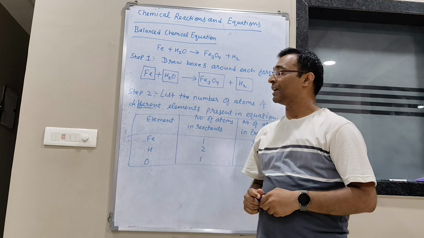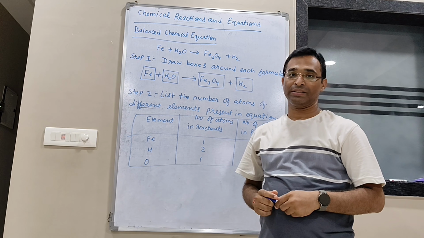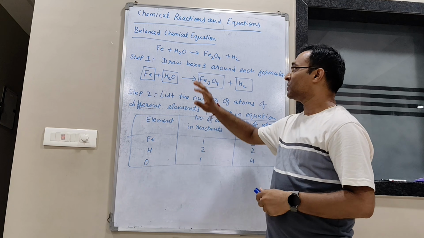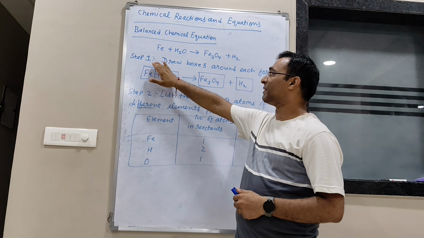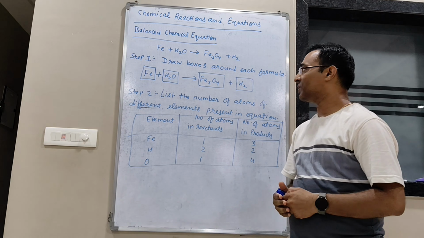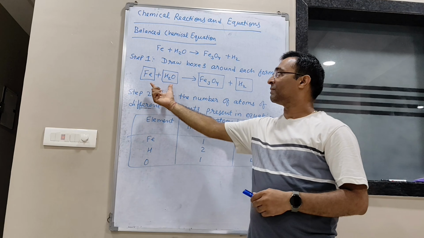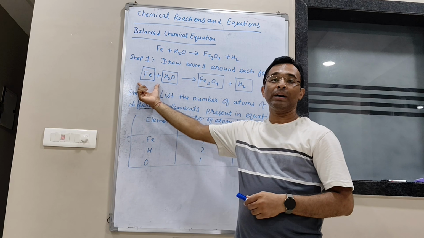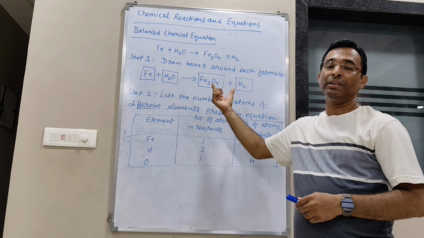Iron reacts with water to give ferric oxide and hydrogen is liberated. We are going to discuss the steps one by one. First step is to draw boxes around each of the formulas. In the chemical equation like this, we can draw boxes around each compound in the equation.